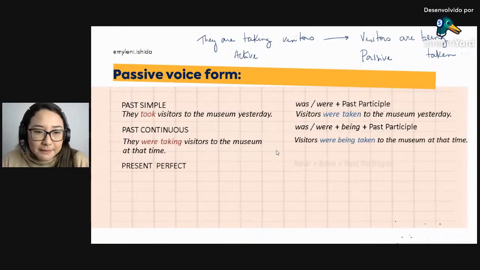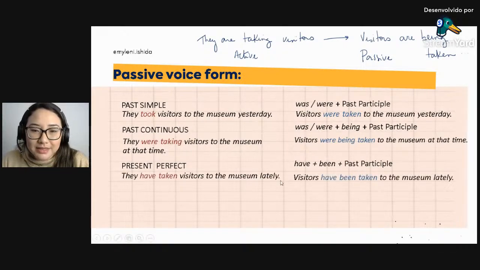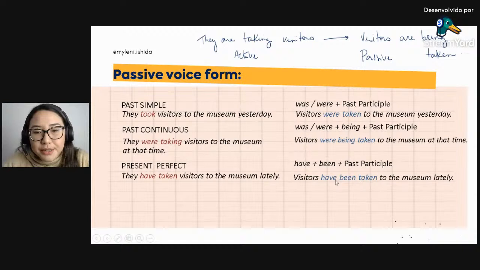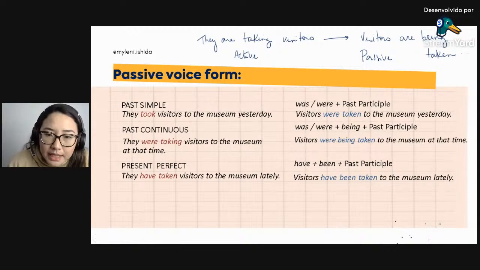Present perfect. We have to use have been and past participle. They have taken visitors to the museum lately. Okay. Visitors have been taken to the museum lately. Of course, here I can also use has. It depends on this word here.